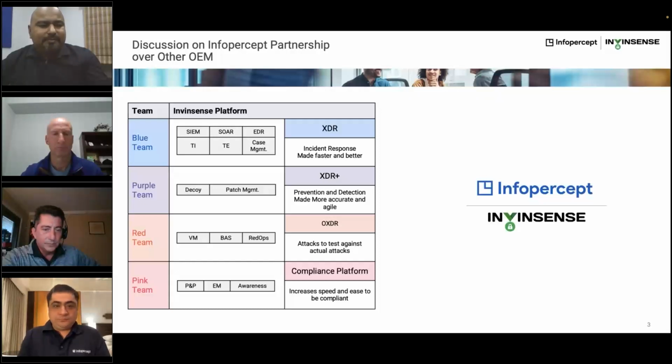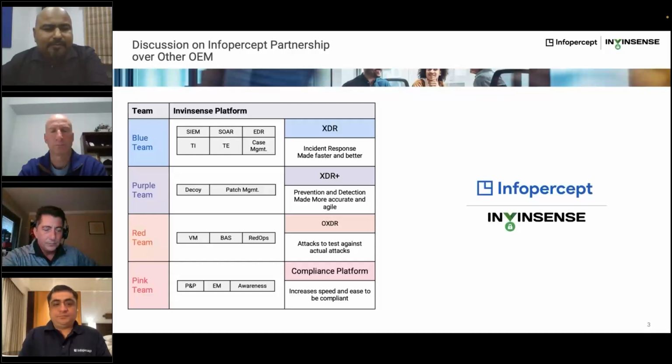Blue teams focusing on XDR types of services that focus on incident detection and response. Next level of service is for XDR Plus, which looks to prevent the types of events that have been detected under XDR types of examples and making the responses more accurate and agile.